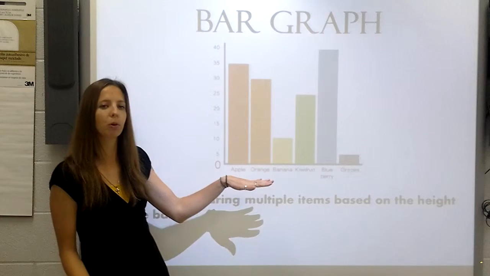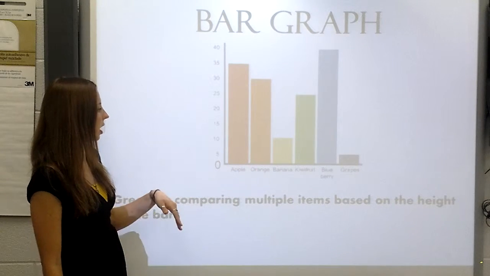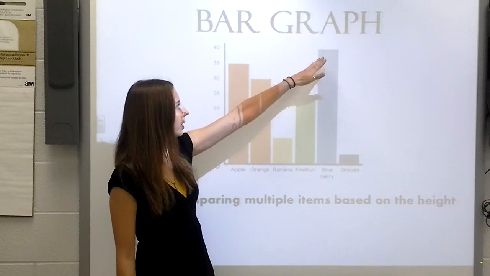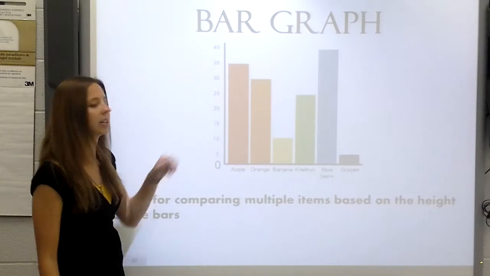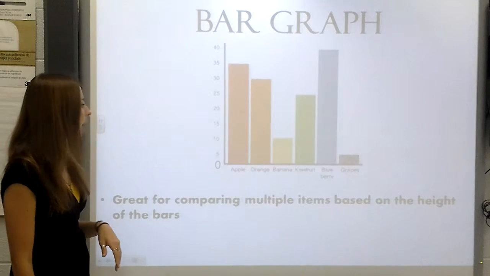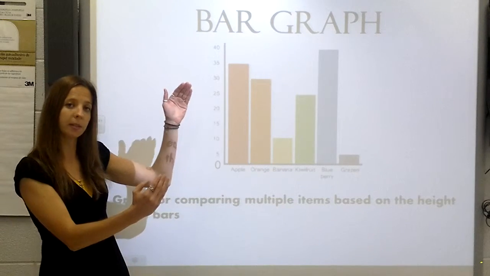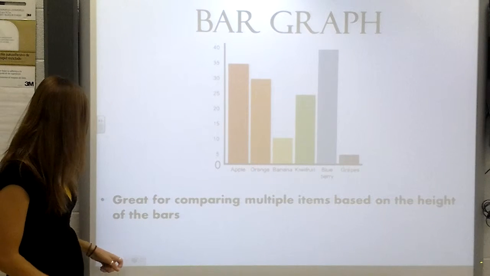So in this example, we're comparing fruits and the number of fruits that exist. So you can see that blueberries scored the highest versus grape, which had the least number. You may also find that the bar graph could be flipped and the bars could run horizontally as well.